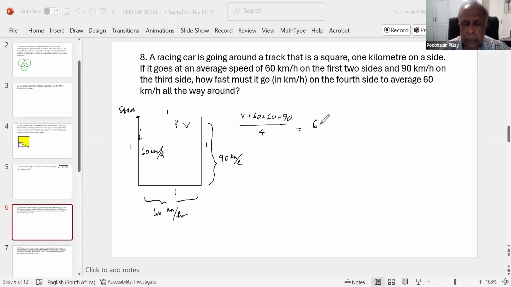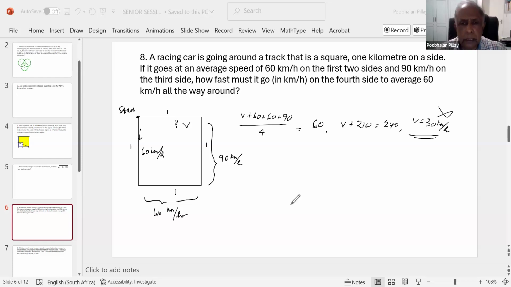And that is going to be equal to 60. And then you can work this out. This is V plus 210 is equal to 240. So V equals 30. Most people will do this and sit back and smile and say, well, I've solved the problem. I know what average is, so I've solved the problem.